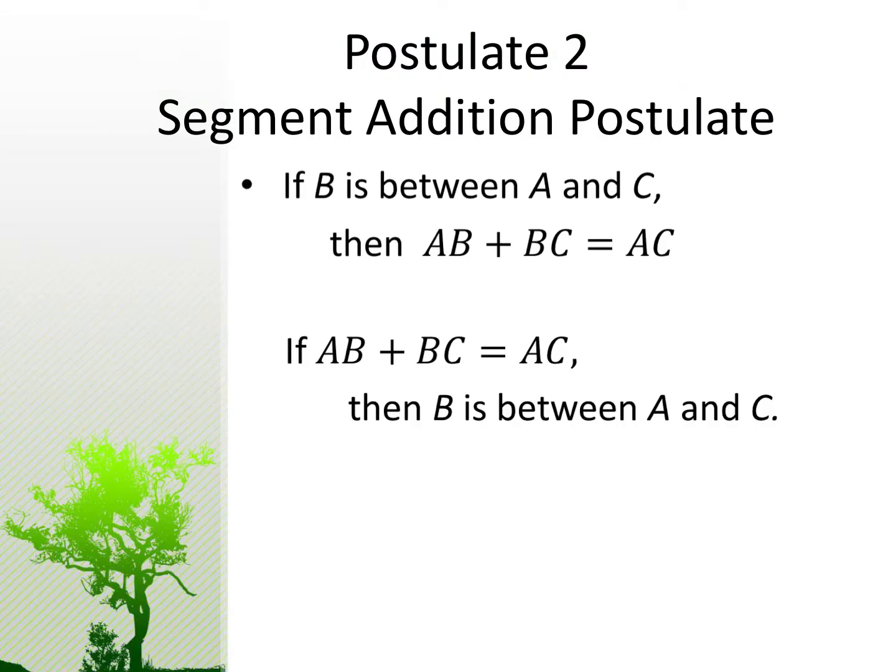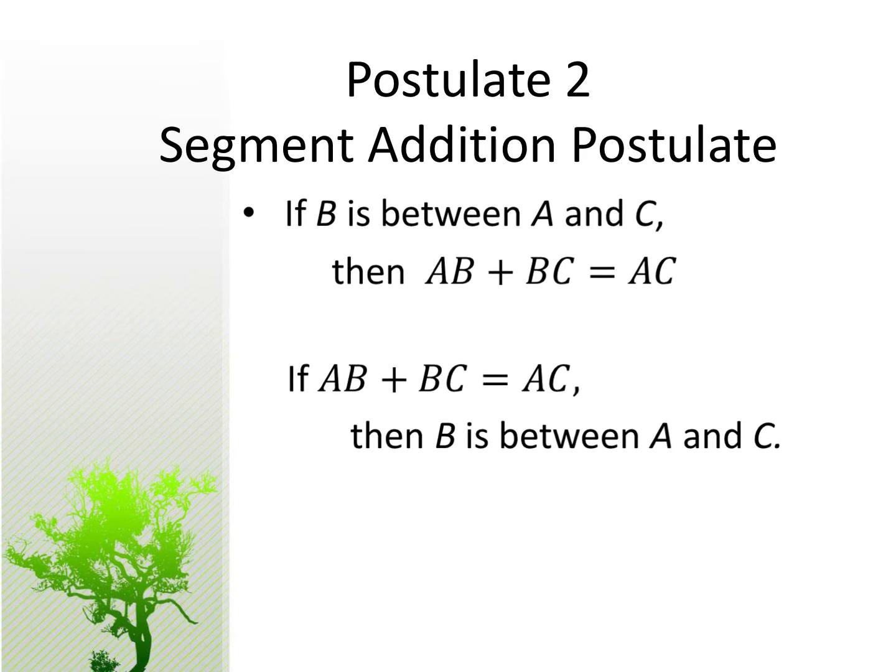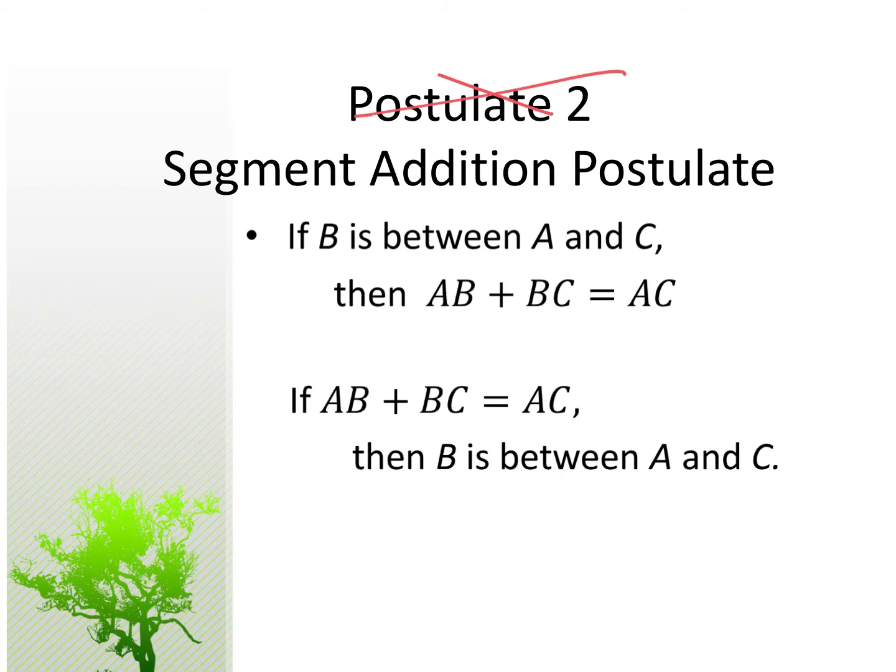So our second postulate is called the segment addition postulate. Again, you don't need to memorize that it's called postulate number 2. Memorize the name and what it says. So the segment addition postulate states that if point B is between A and C, then AB plus BC equals AC.